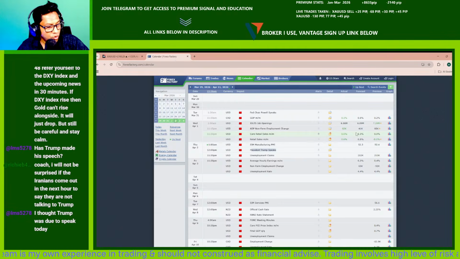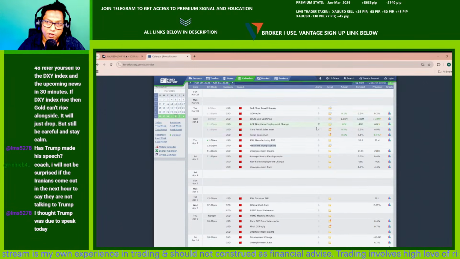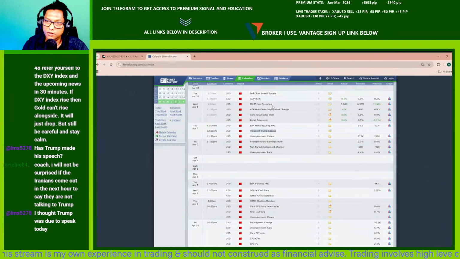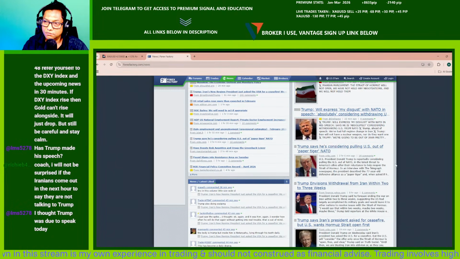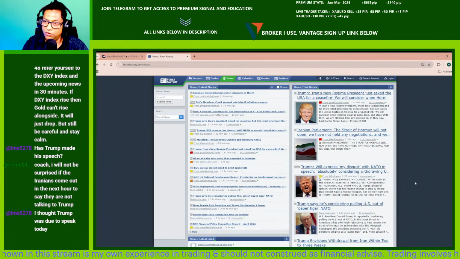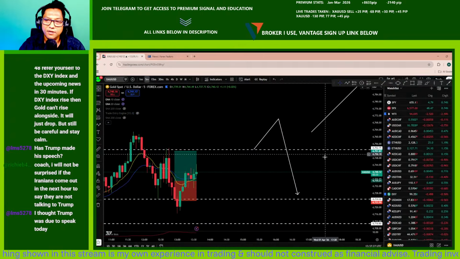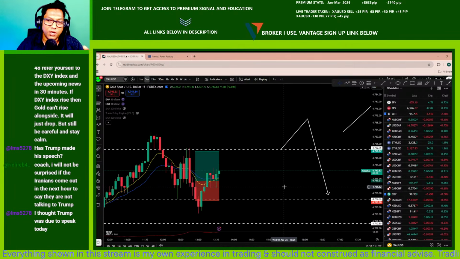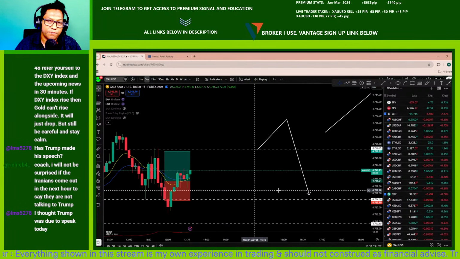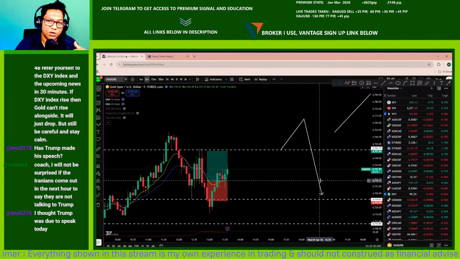So what we are looking at here in terms of the current price action is that quite a few breaking news items have really shaken the market. Now it's moving in that direction here in the area that we are looking at.